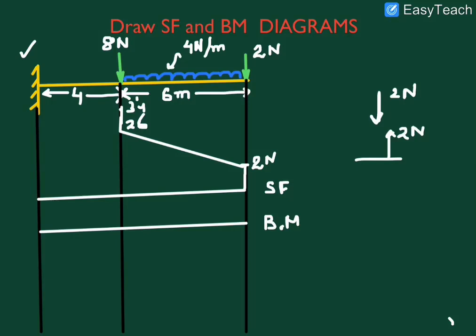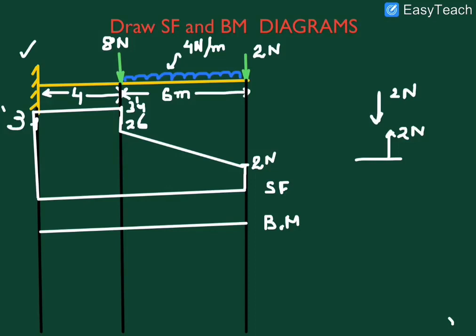Then there is no load up to this end, so we can draw a straight line joining this 34 to this end, and we make a box like this, and this value is 34.